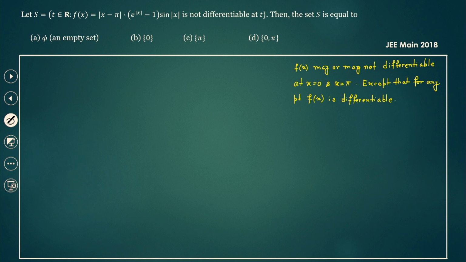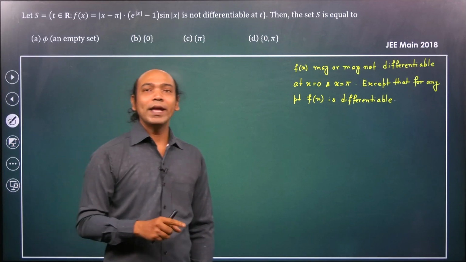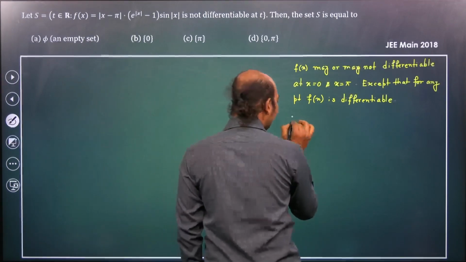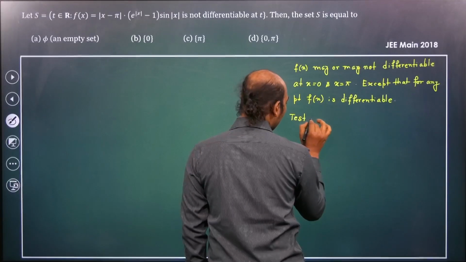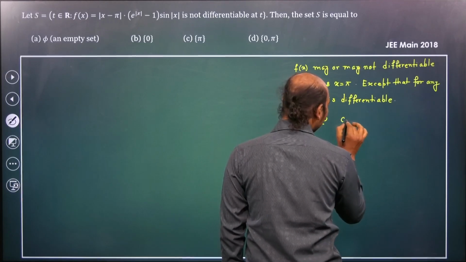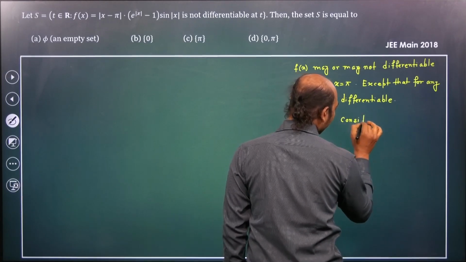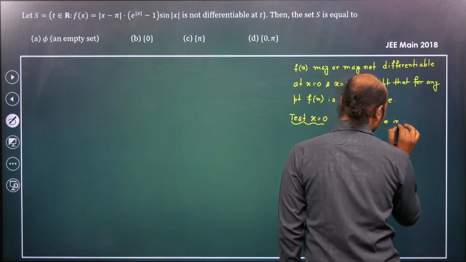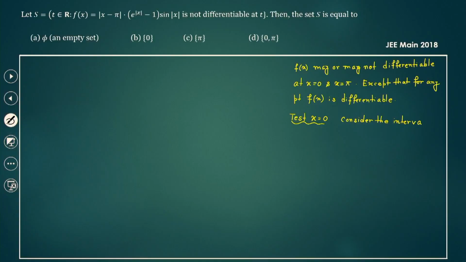Now, to test the differentiability, we have to test the x equal to 0 point, right? So let's test that. Here we are testing the differentiability at x equal to 0. So we'll consider the interval 0 minus h, 0 plus h, where h tends to 0.